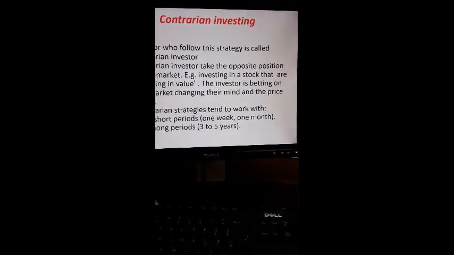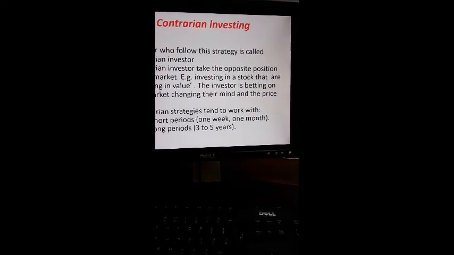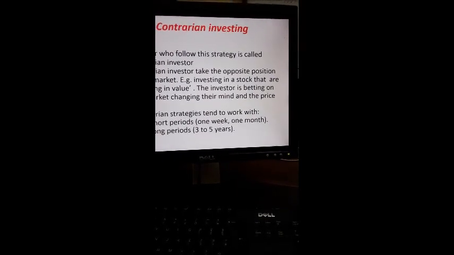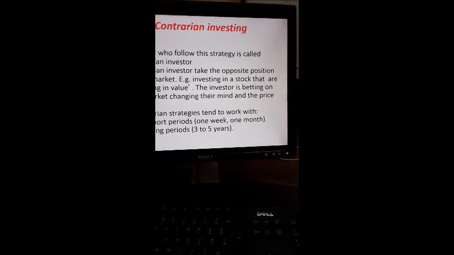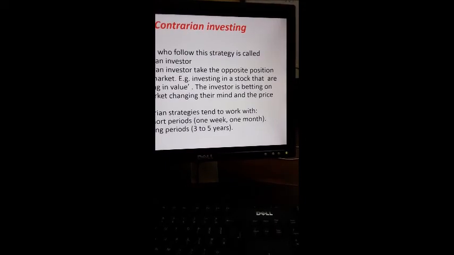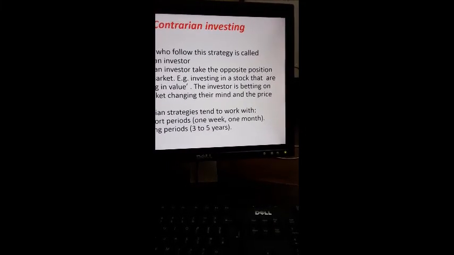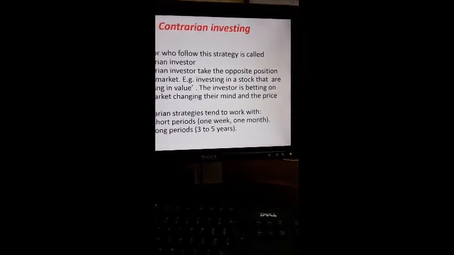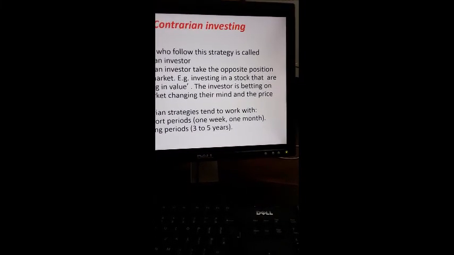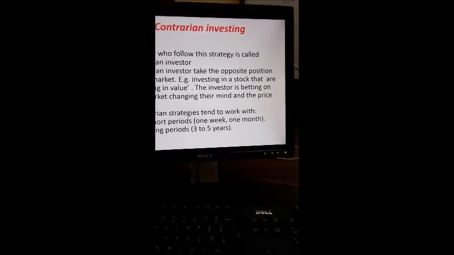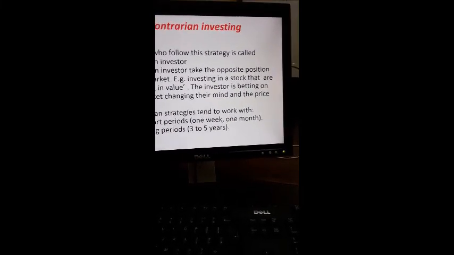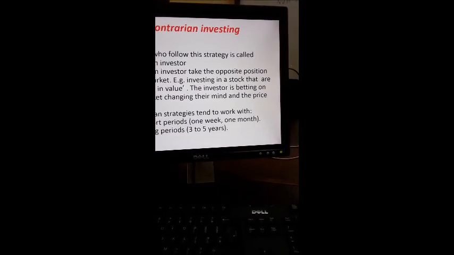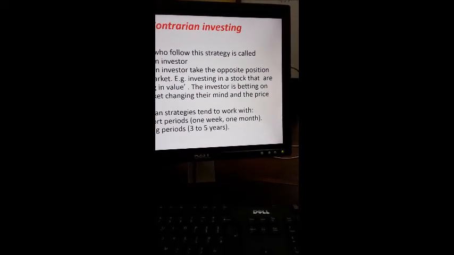When others are selling, the contrarian investor will be buying. So they are betting that the market will change its position or its mind after some time, and the price will start rising.